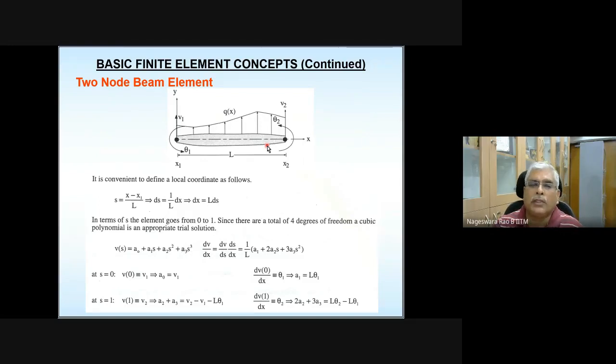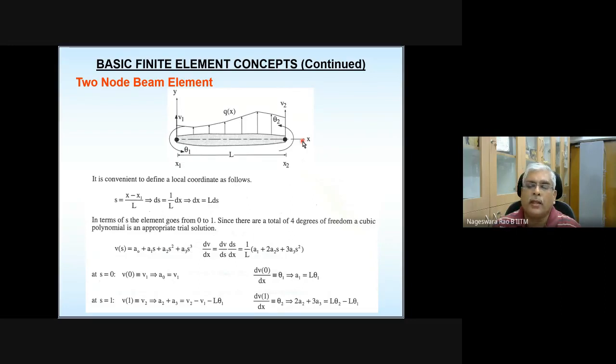Here the procedure is explained for a two-node beam element. In most of the commercial software, available under different trade names, for beam element you only have the two-node beam element.